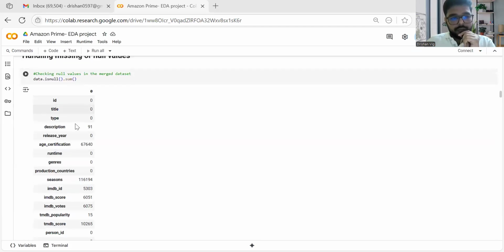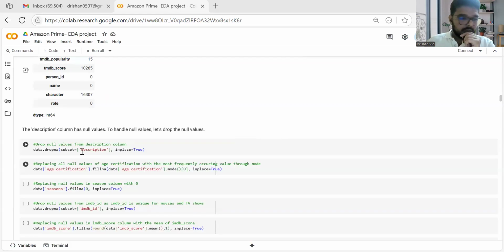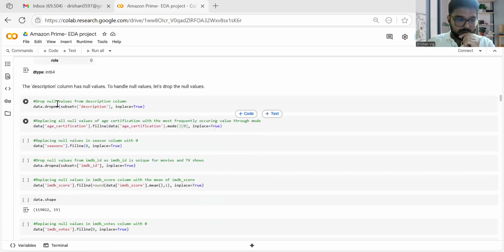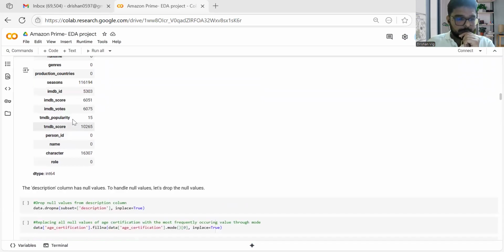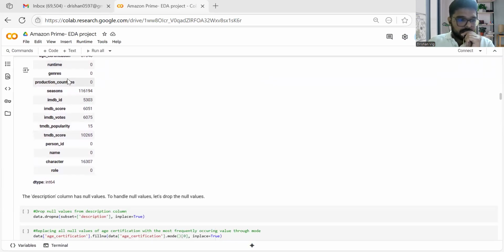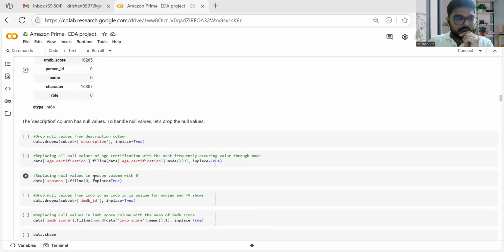After analyzing the null and missing values, the next step is to clean it. We're going to drop all the null values from the description column. So here's the function. Then we're going to replace all the null and missing values of certification with the mode. Then we're going to replace null values in the season column with zero, because zero makes more sense.